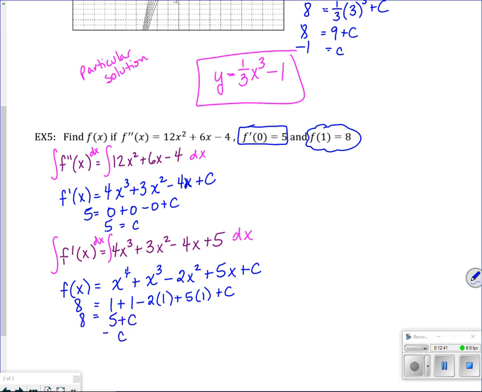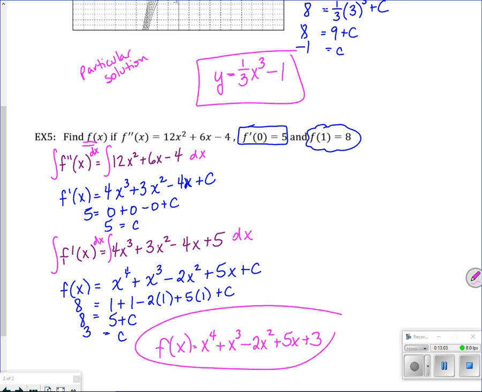So c is equal to 3. And remember, what's my final answer? Find f of x. So f of x is going to be x to the 4th plus x cubed minus 2x squared plus 5x plus 3.